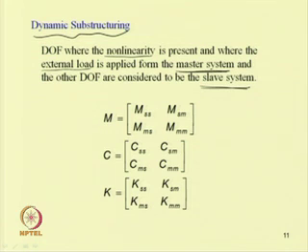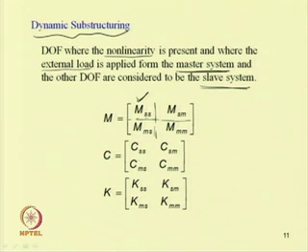We can partition the mass matrix as M_SS, that is with slaves, then M_SM, M_MS and M_MM. These contain all the master degrees of freedom, these contain all the slave degrees of freedom, and these are the coupling between the master and slave degrees of freedom.